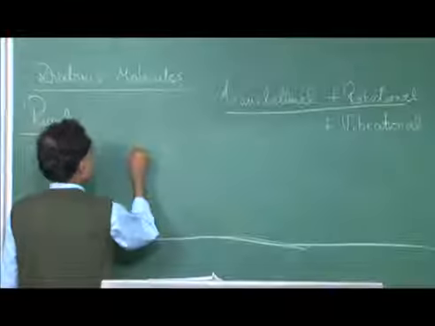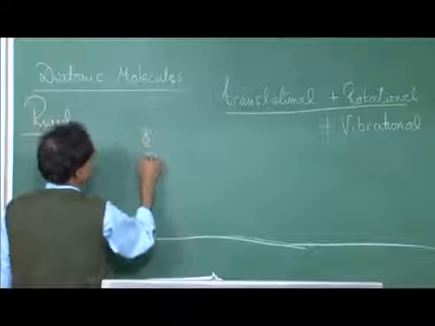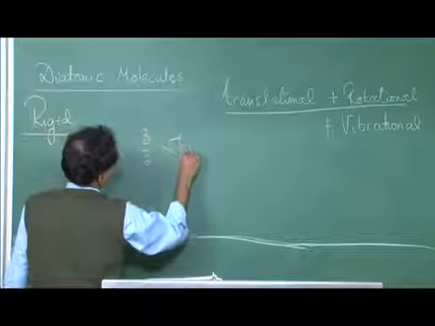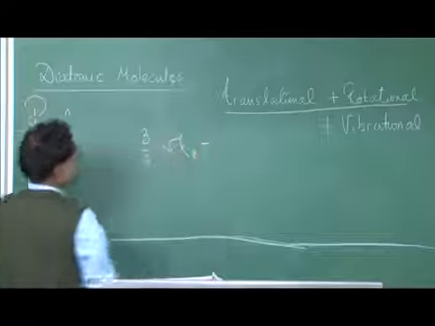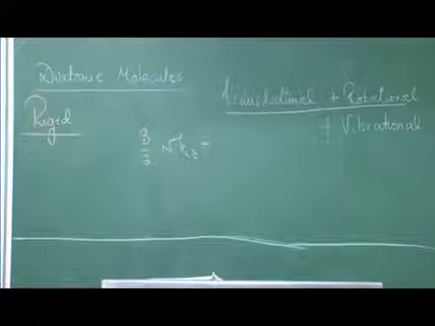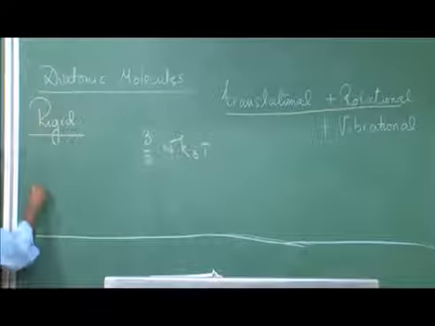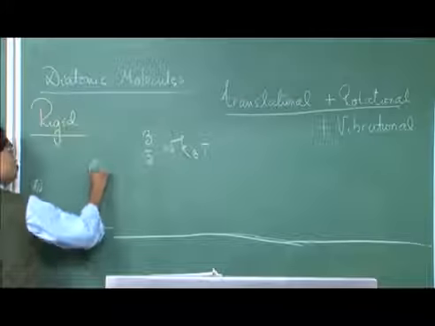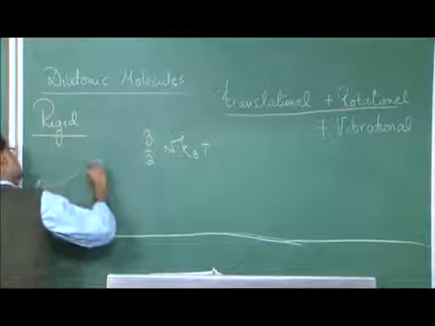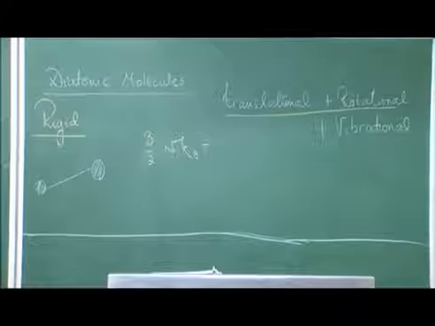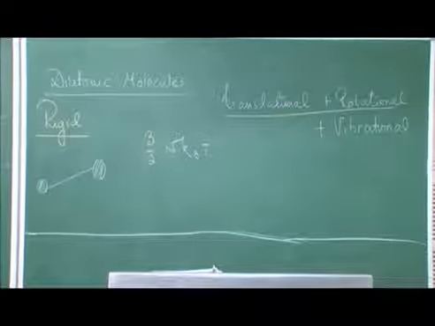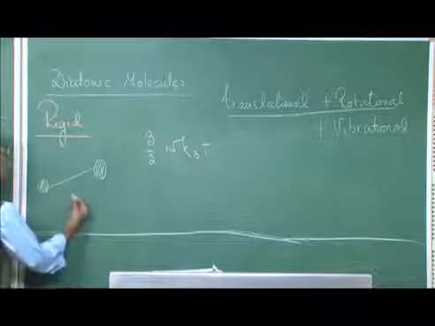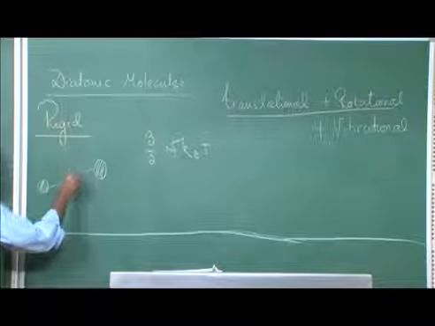Translational degrees of freedom are very simple. They will give me 3 by 2 N kBT because it is 3 dimension. But if you think of rotation and if you assume that there is a dumbbell like structure, this length being fixed, this is the rigid approximation, then you can have 2 rotation axes.